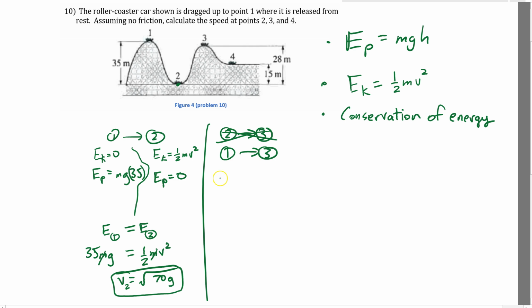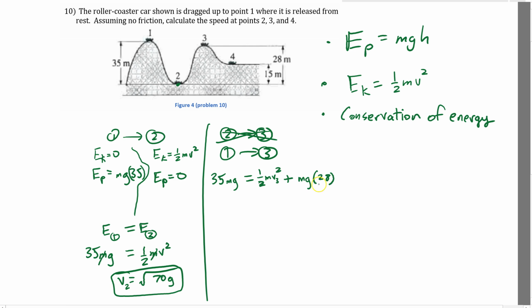So at point 1, we already know its energy is 35 times mg from looking at it over here. And that's going to equal the energy at point 3, which there will be some kinetic energy. I'll call the velocity at point 3 v3. So it will have some kinetic energy, but it will also have some potential energy. And that potential energy is m times g times the height, which is 28. And so now you have to solve for v.